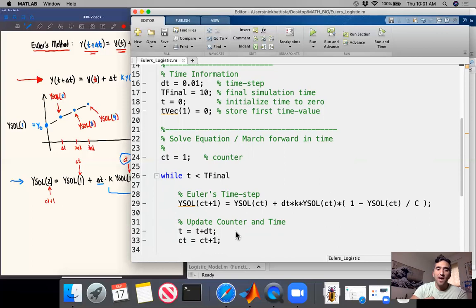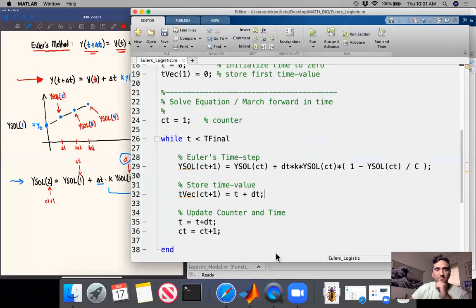we can update the counter in time, and we can also store the next time point. So tvec of count plus 1 is just equal to t plus delta t. Again, we're just trying to store a vector of times at the same times that we've stored solutions.